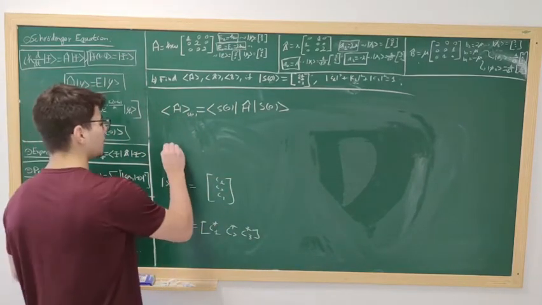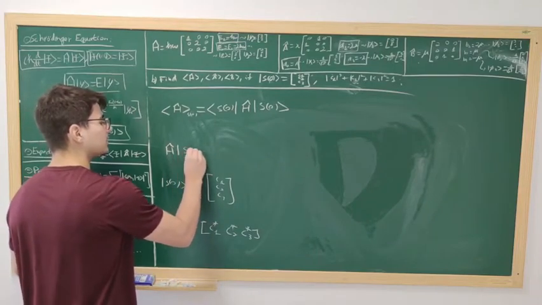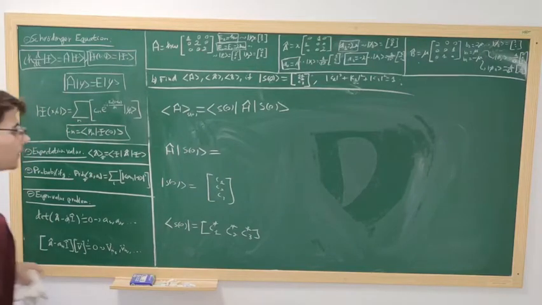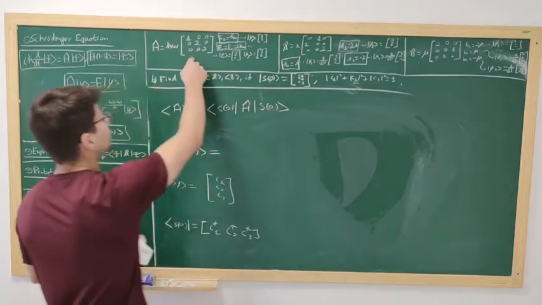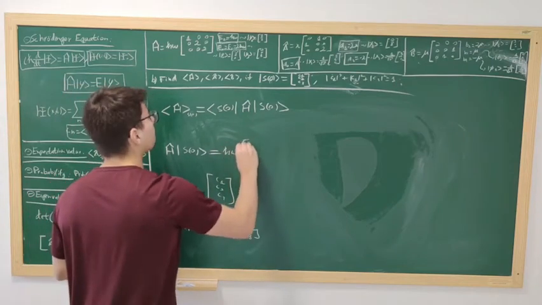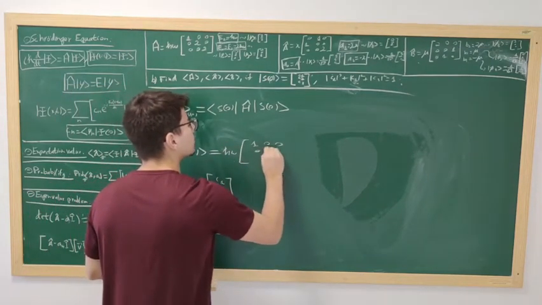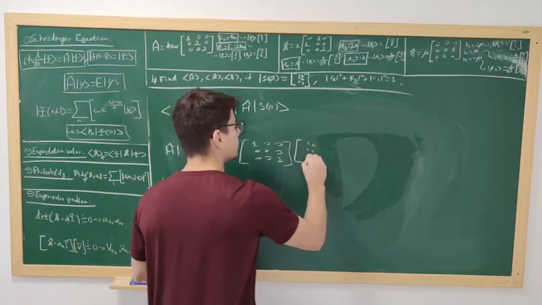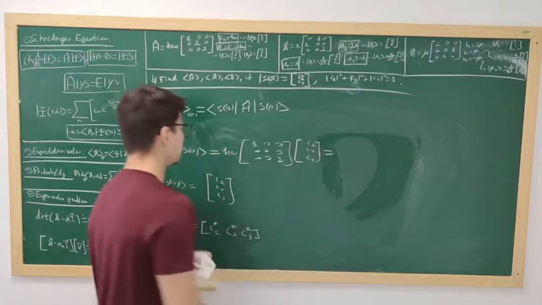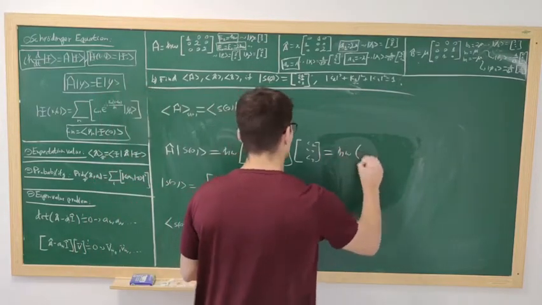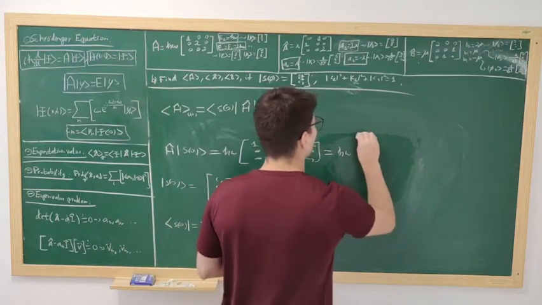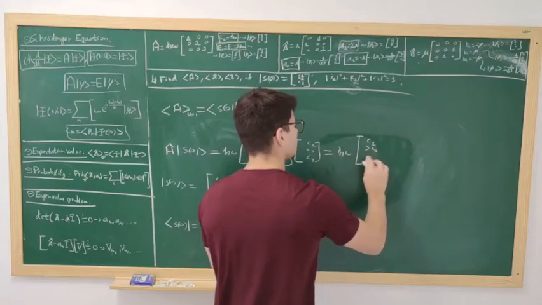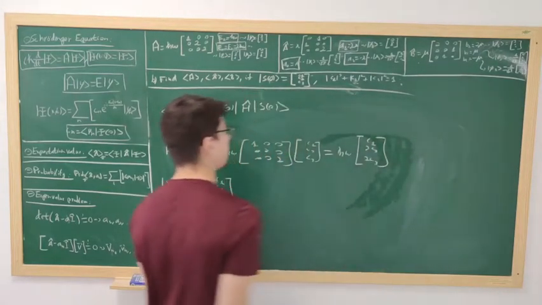So when we apply this operator H, the Hamiltonian, to our state, we only have to multiply this matrix by that. So we have H omega times the matrix 1 0 0, 0 2 0, 0 0 2, times C1 C2 C3. And this is H omega, as another column vector, C1, 2C2, and 2C3.